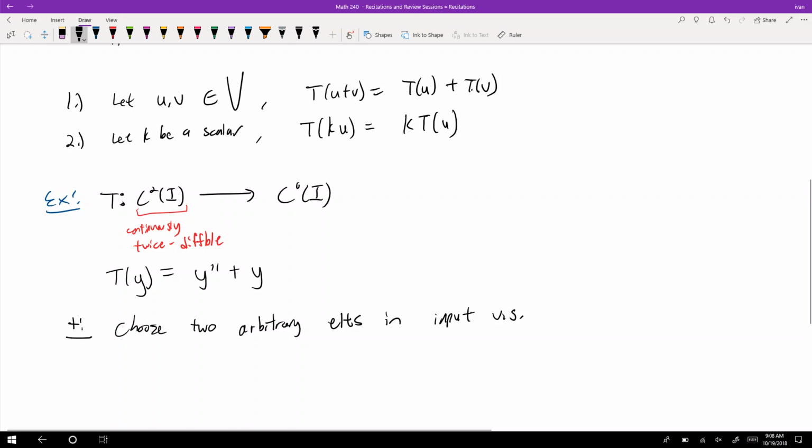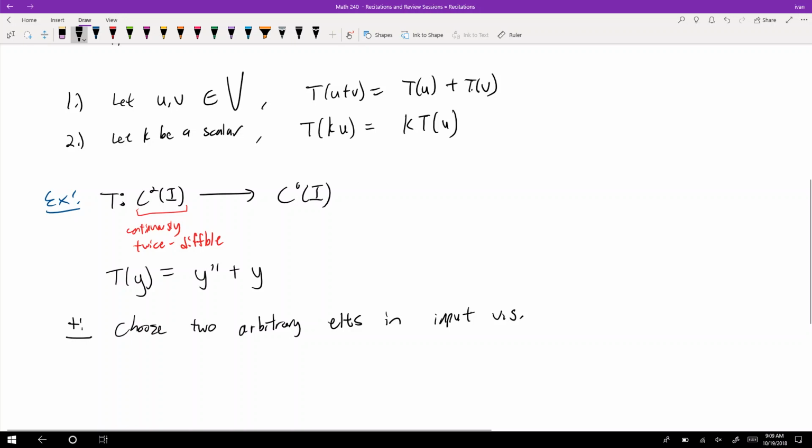Or at least given my map, what are my inputs? Sorry? They're functions, right? They're continuously twice differentiable functions. So they could be polynomials. But what I'm looking for is, all right, so on my second line, that tells me explicitly what my map is, right? It takes y and it sends it to y double prime plus y.